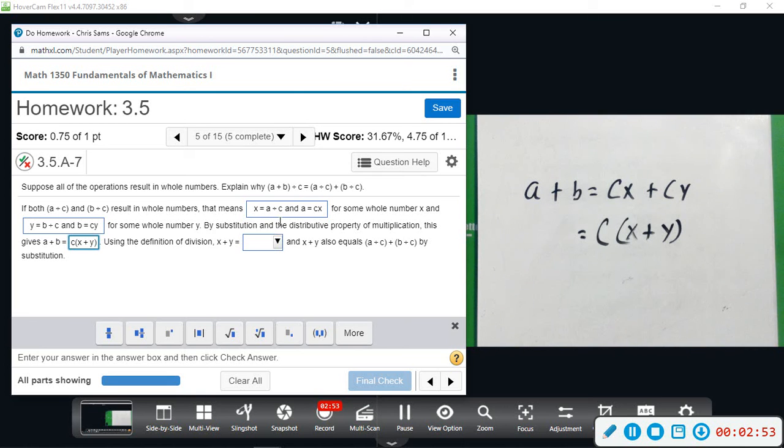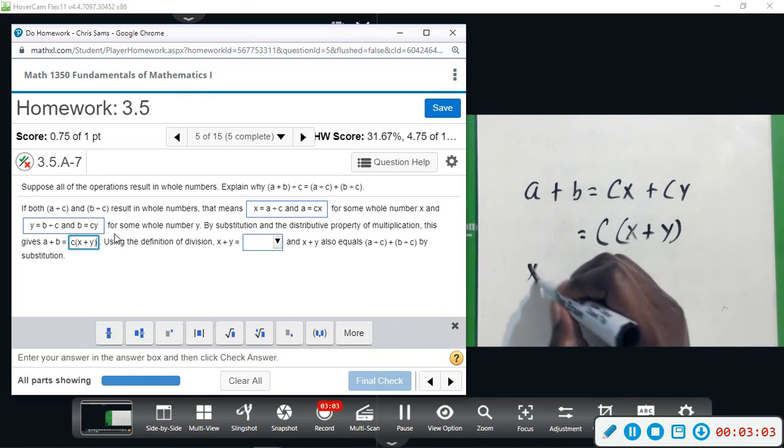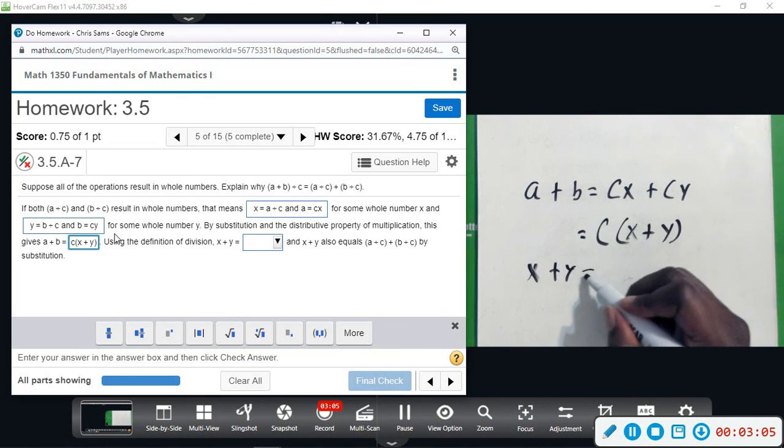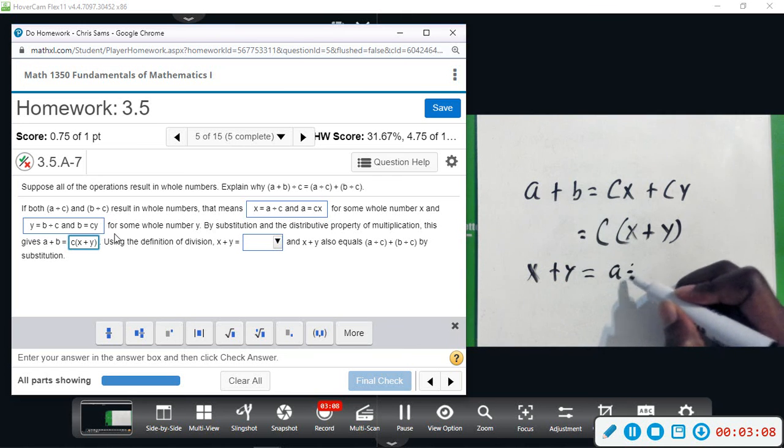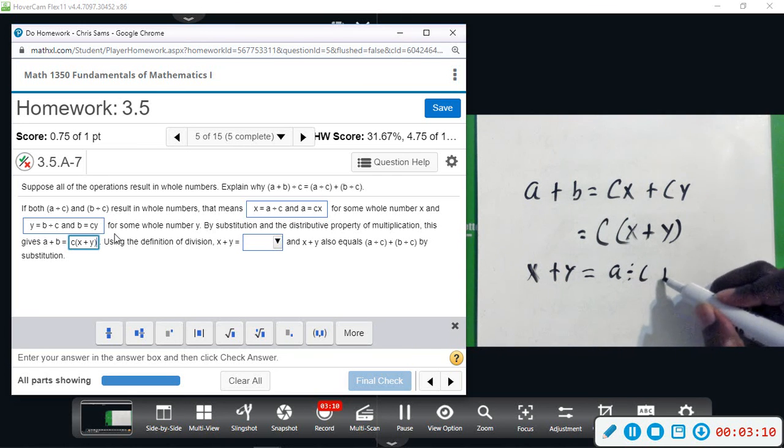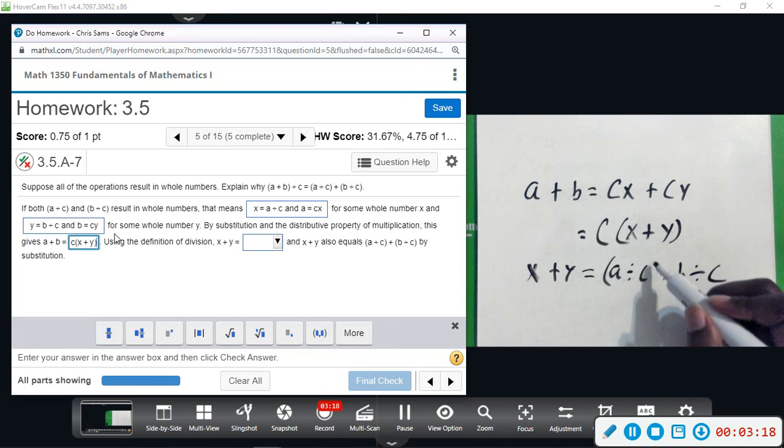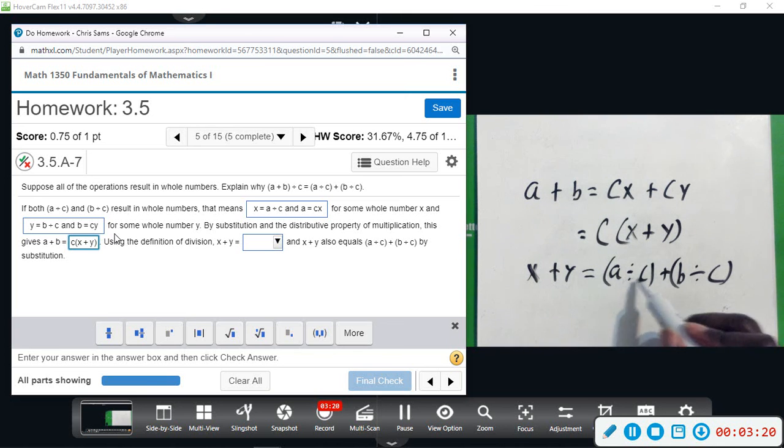X, that's A divided by C, and Y is B divided by C. So if we're looking at X plus Y, that is A divided by C plus B divided by C. We can factor out this division by C, so that is A plus B divided by C.